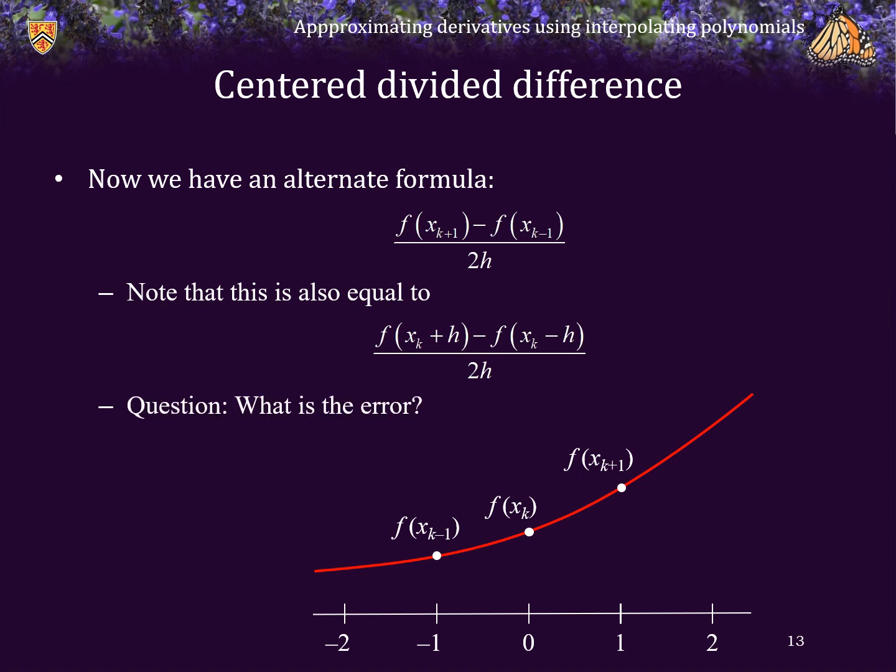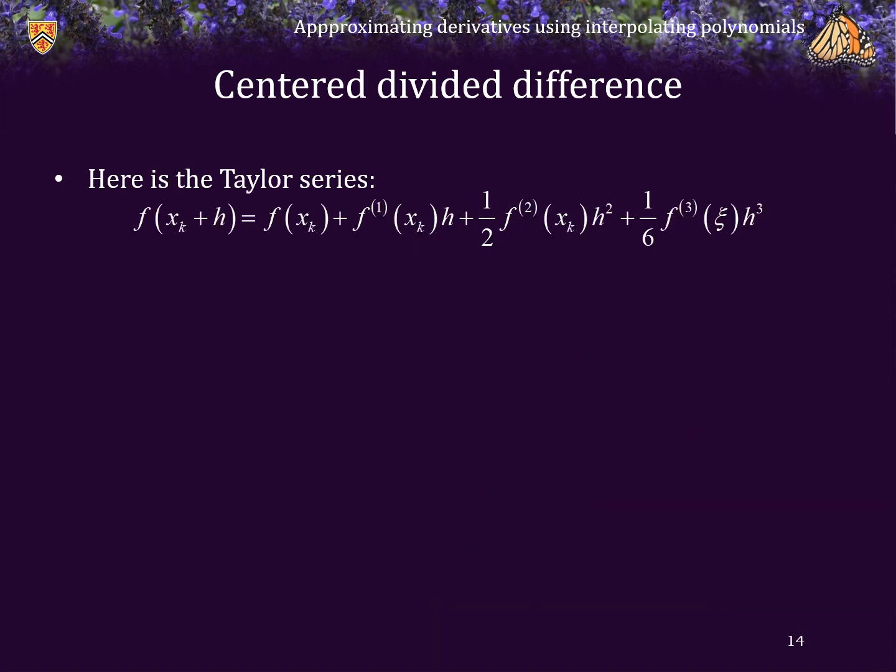The important question now is, however, what is the error of this approximation, and is it any better than the error of the previous approximation? All right, here we see a second-order Taylor series for f at x k plus h. But the formula we have also has f at x k minus h.